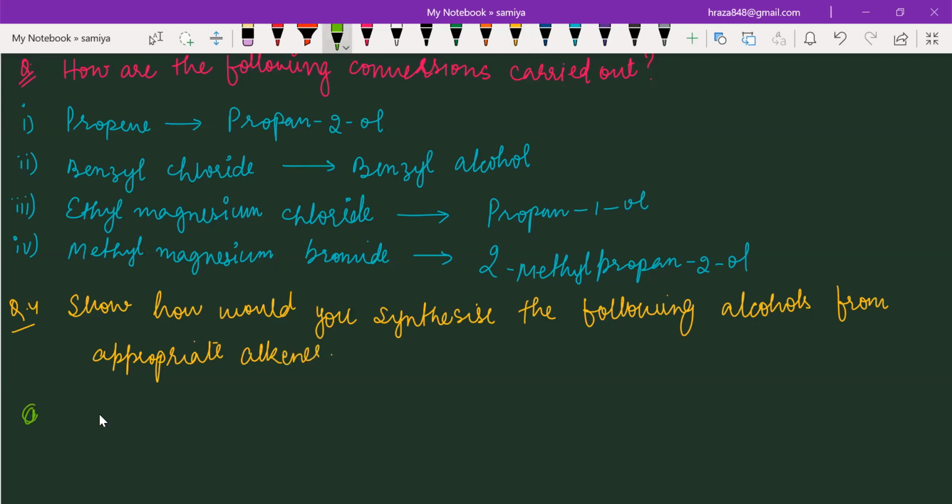Please write with me. The first one is basically like this. Please do this question and make a PDF of your solution and send it to the coaching's WhatsApp number.